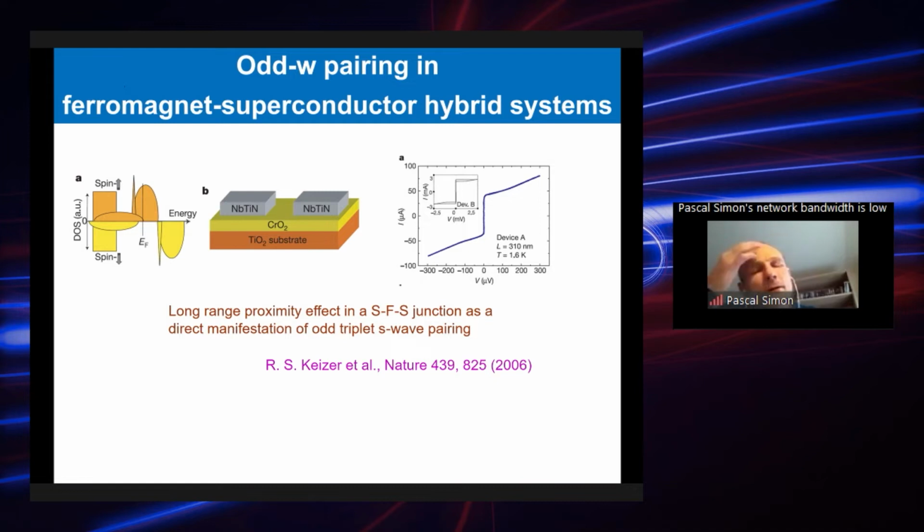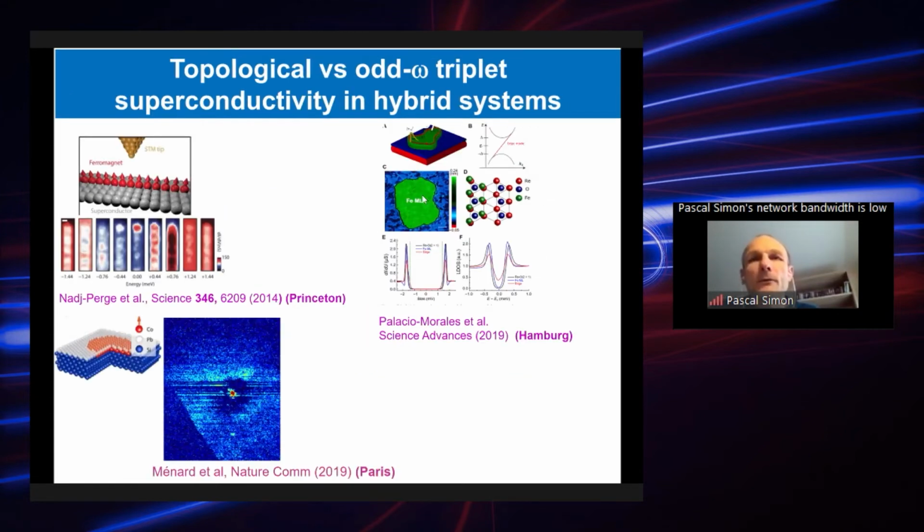But in the past years, we've been analyzing with STM a lot this proximity effect between superconductor and ferromagnet. So I just list here a few sets of experiments. The one involving iron impurities on top of lead, which host these elusive Majorana bound states.